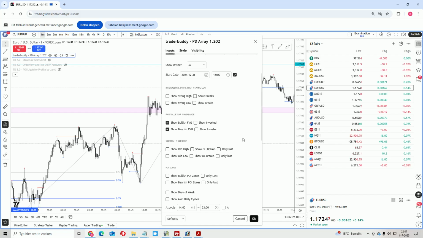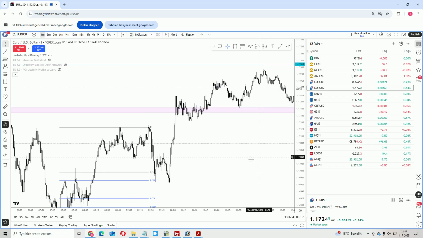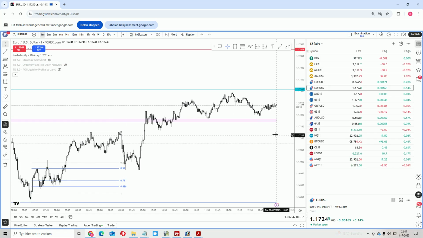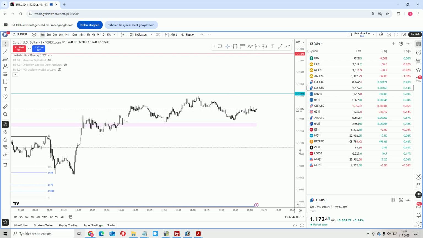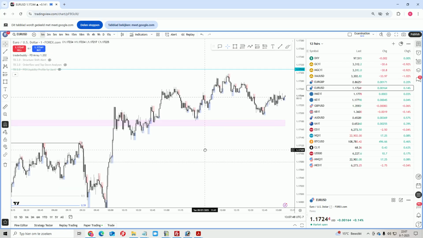Fair value gaps. Everybody knows what the fair value gaps are. Needs no explanation. Bullish POI zones and the bearish POI zones. Yeah, only show last is not really relevant. It just shows the POI zones on the current time frame. For the higher time frame, we have the POI liquidity profile.